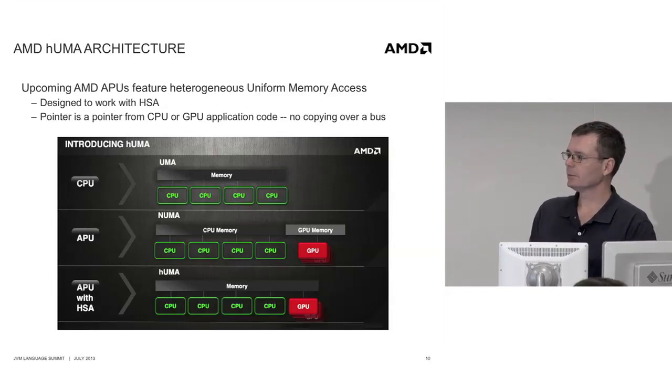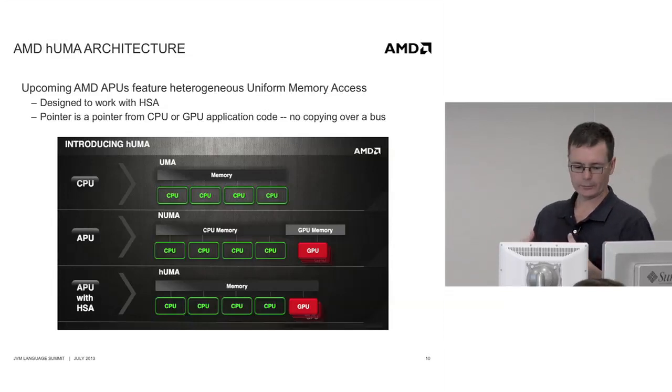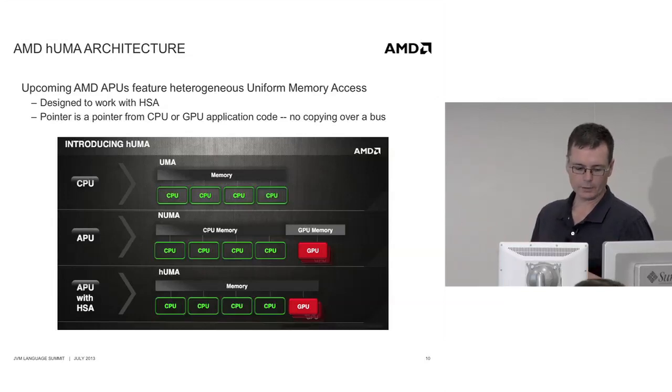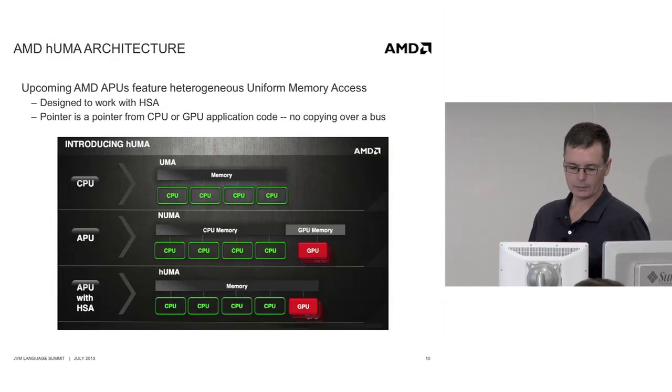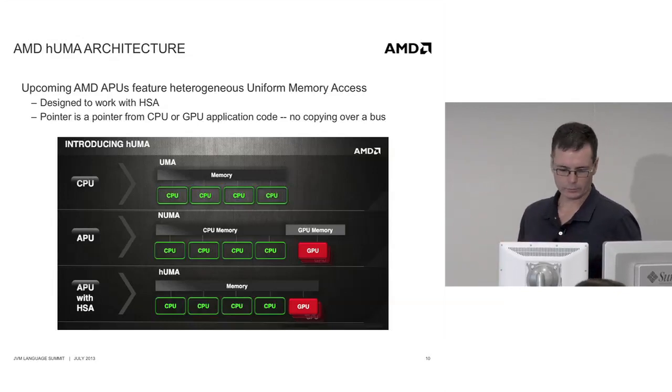The first early generations of APU had the CPU and the GPU on the same socket, but it did not have the right connectivity to allow this uniform memory access, and the GPU memory was still separate from the main memory of the CPUs. But with the full HSA enablement, it's just memory. And so now you can just offload stuff and directly access the same addresses from your CPU algorithm, and it's going to make the offload scenario a lot simpler.